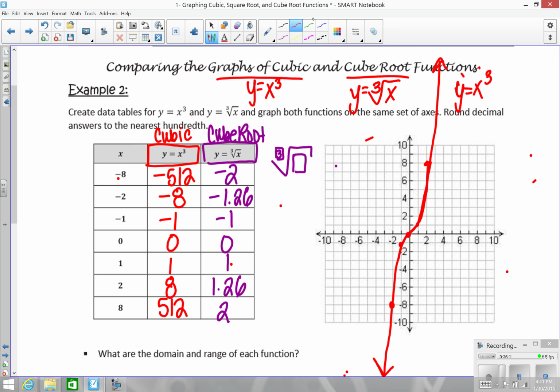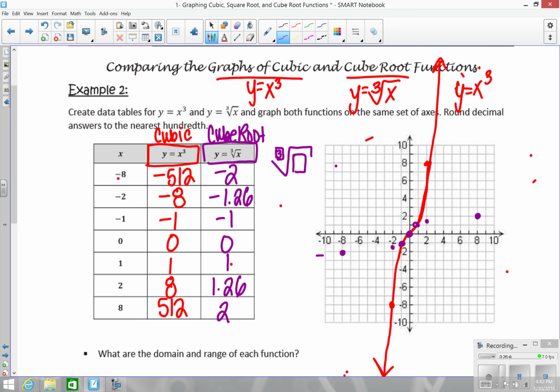So there's that one. The next one, we have -8, -2. We have -2, -1.26, so you're going to kind of eyeball that one. -1, -1, 0, 0, 1, 1, 2, 1.26, so I'm just reading these points, and then 8, 2.